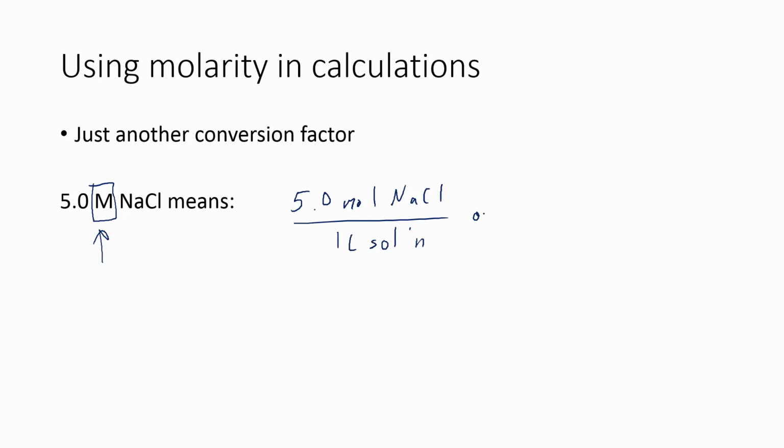Or just like we can do with every conversion factor, we can write it upside down if we need to cancel out the other set of units. And we can use that however we need to convert back and forth between solution and moles of sodium chloride.